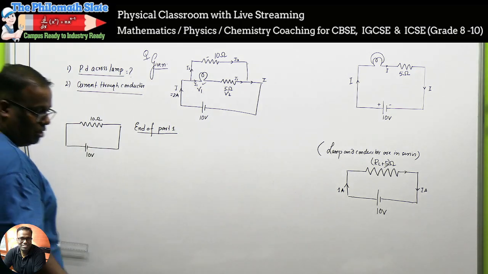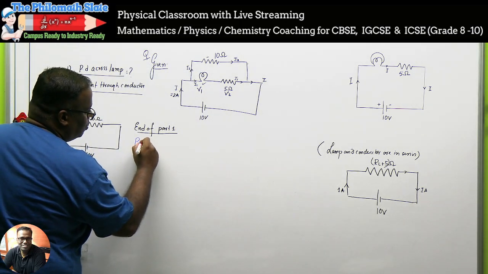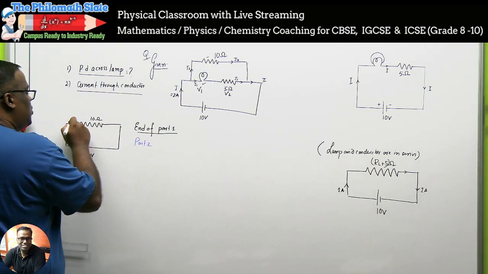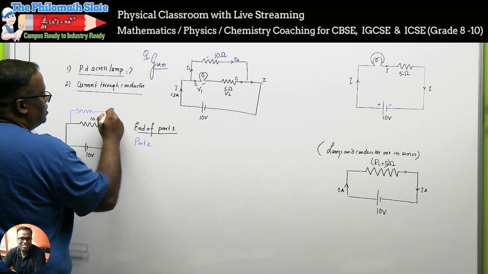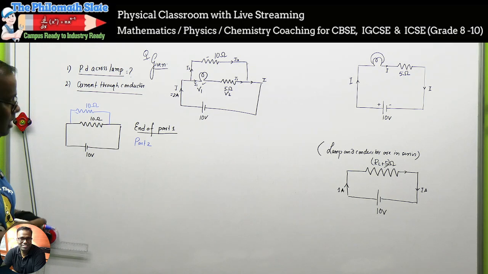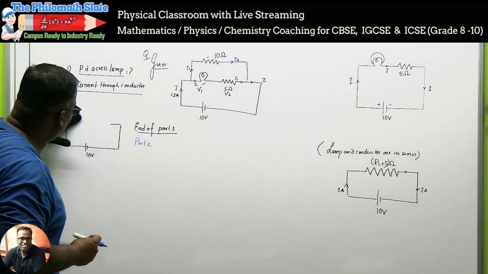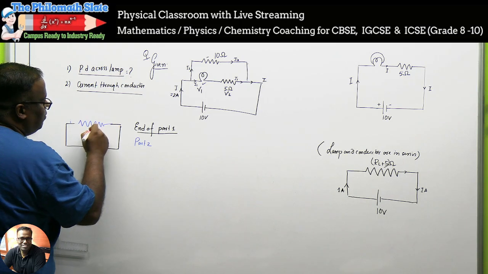Now in part 2 they have asked me, I'm writing with blue. In part 2 they introduced another resistance out here which is of 10 ohms. Agreed? Can I wipe out both of them and bring one resistance which is 5 ohm?